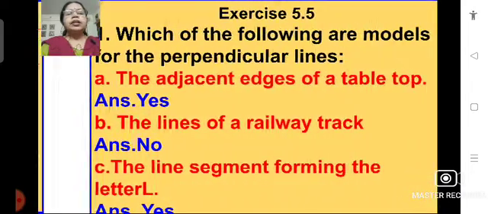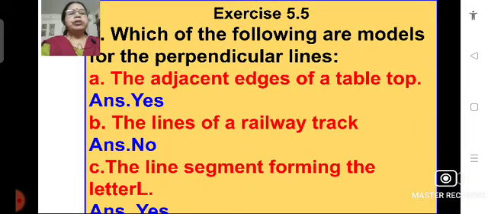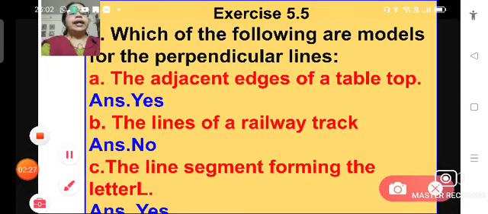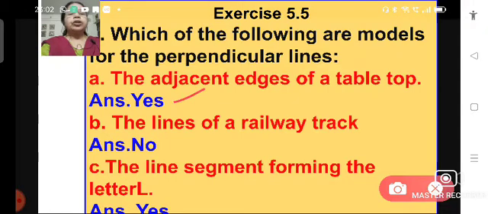Now let's move on and solve the problems of exercise 5.5. Question number 1. Which of the following are models for perpendicular lines? A. The adjacent edges of a tabletop. Yes, the adjacent edges of a tabletop are perpendicular to each other. B. The lines of a railway track.